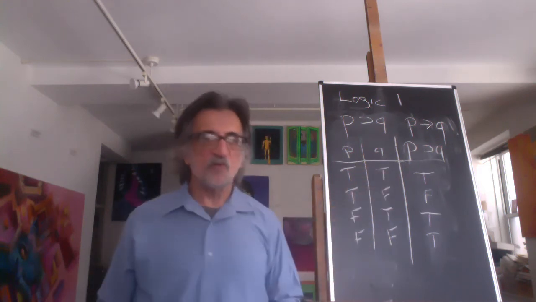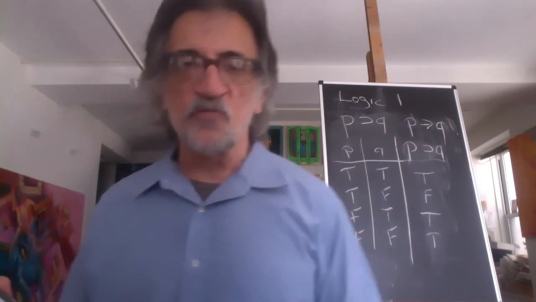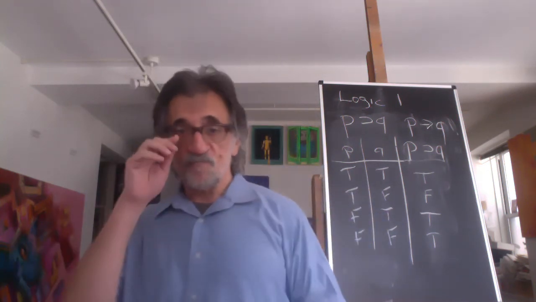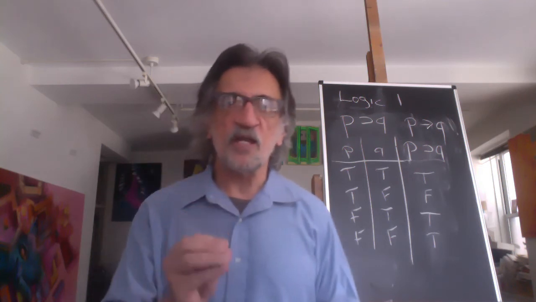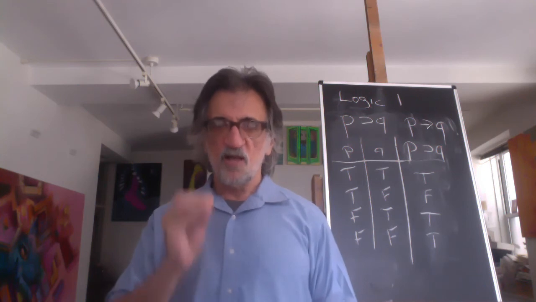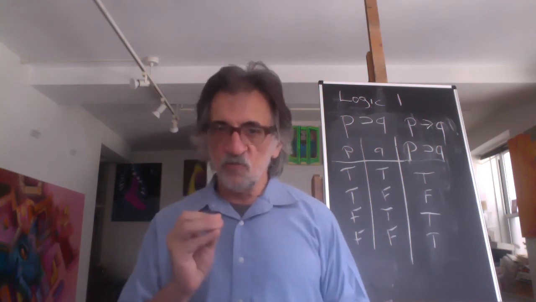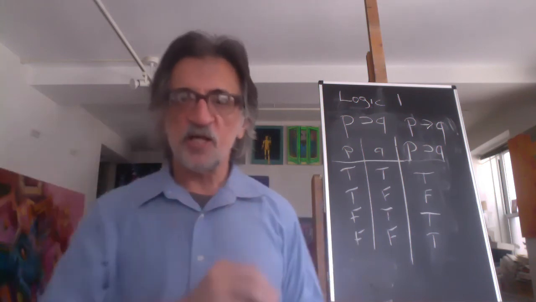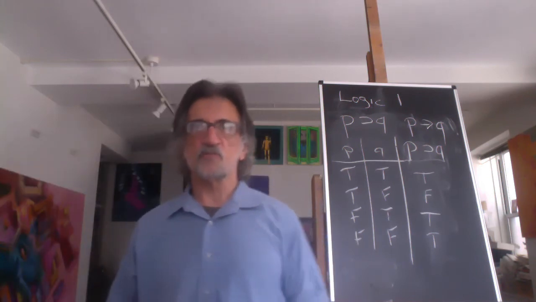Why this arrangement? Well, let me start with a couple of technical reasons and then give some more ordinary examples. Here's the motivating idea behind making the material conditional true when the antecedent is false and the consequent is true.